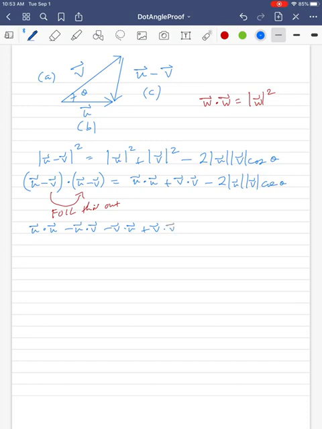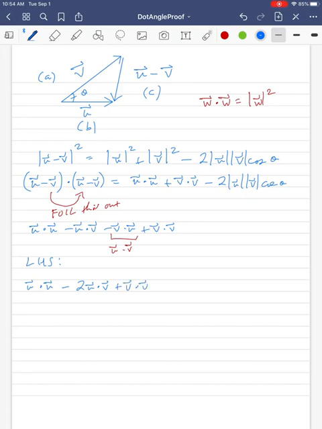I'm just working on the left-hand side for now. The dot product is commutative, so v dot u is the same as u dot v. So the left-hand side is u dot u minus twice u dot v plus v dot v.